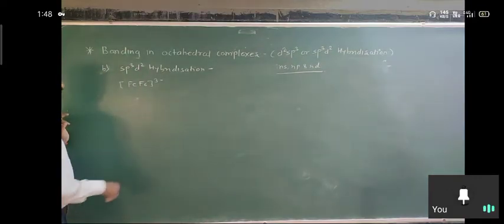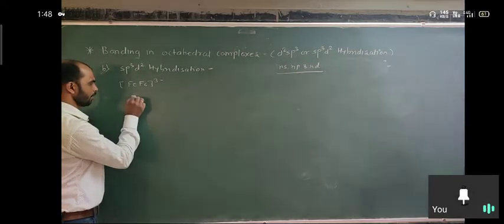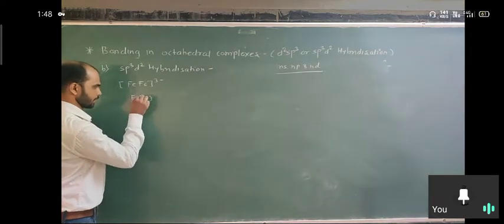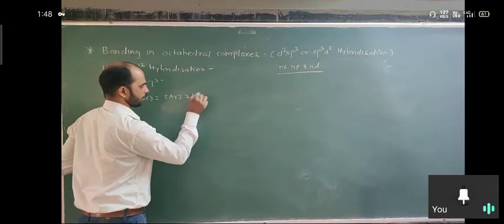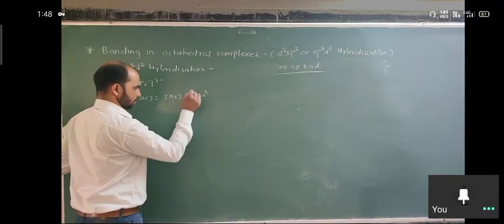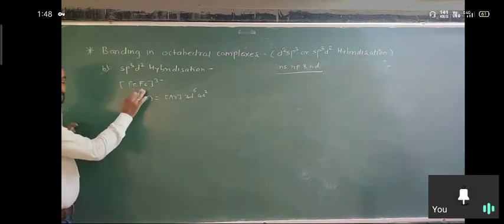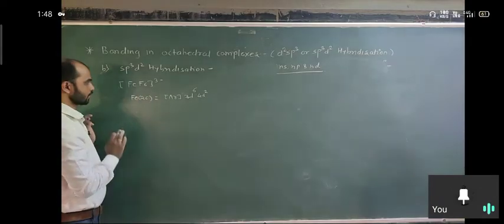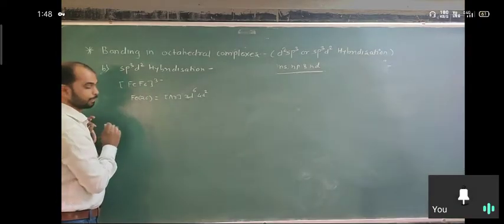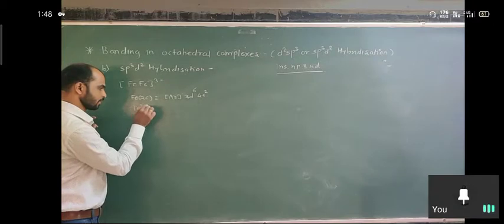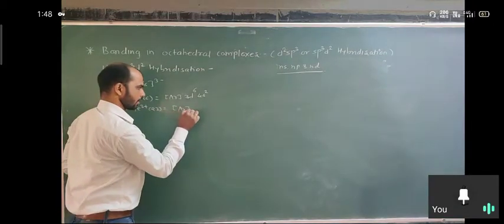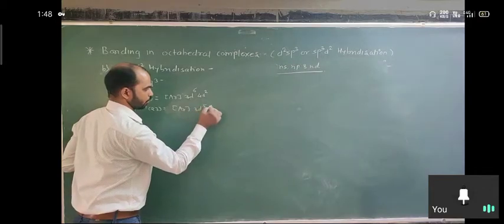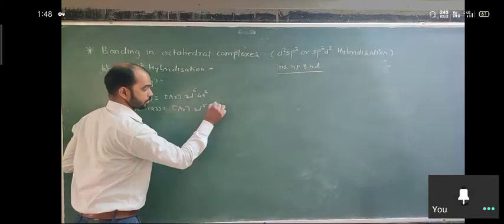Okay, first of all we discuss Fe, atomic number 26, and the electronic configuration is [Ar] 3d6 4s2. What is the oxidation state? Plus 3 is the oxidation state of Fe in the given complex. So here Fe3+ has 23 electrons. That means here [Ar] 3d5 4s0.